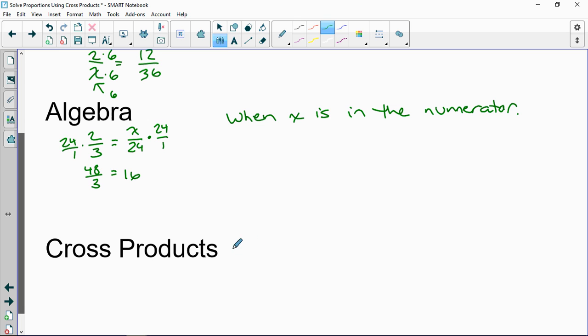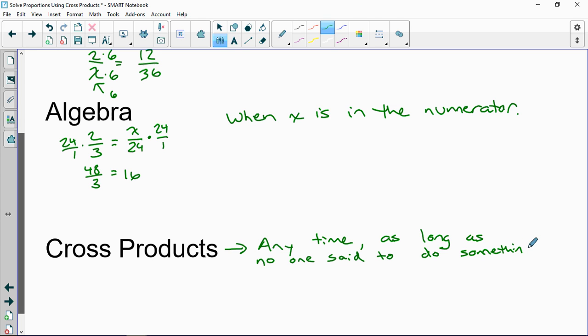Cross products, anytime, as long as no one says you have to do something else. Cross products work when x is in the numerator, x is in the denominator, when one numerator is a multiple of another or not, it doesn't matter.